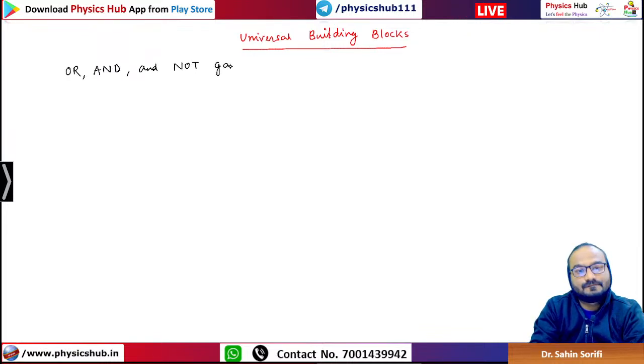Now these two gates are the most important ones: universal building blocks. If I talk about OR, AND and NOT gate, these are basic building blocks.